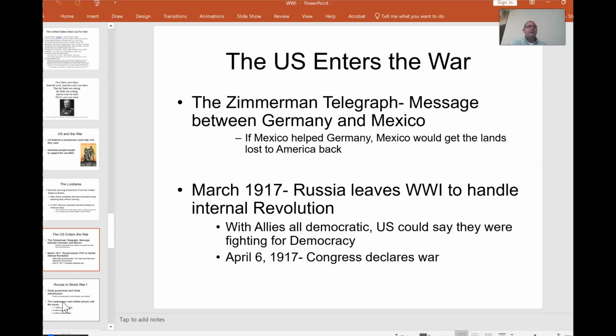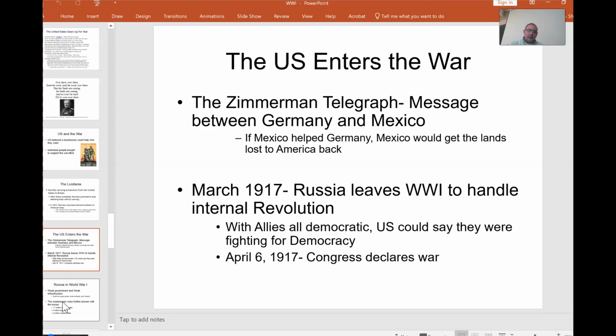And the goal here is to basically say to Mexico, if you help us beat the Americans, we will give you back land that had been lost in the Mexican-American War in the 1840s, and you will be able to see benefits from us. This obviously enrages Americans, right? Hey, we're still neutral, but you're pledging that you're going to give land back to our neighbor to the south. Not cool.